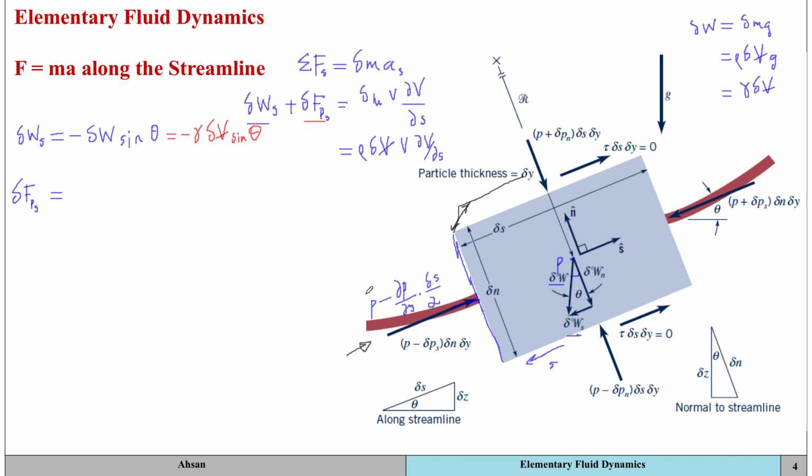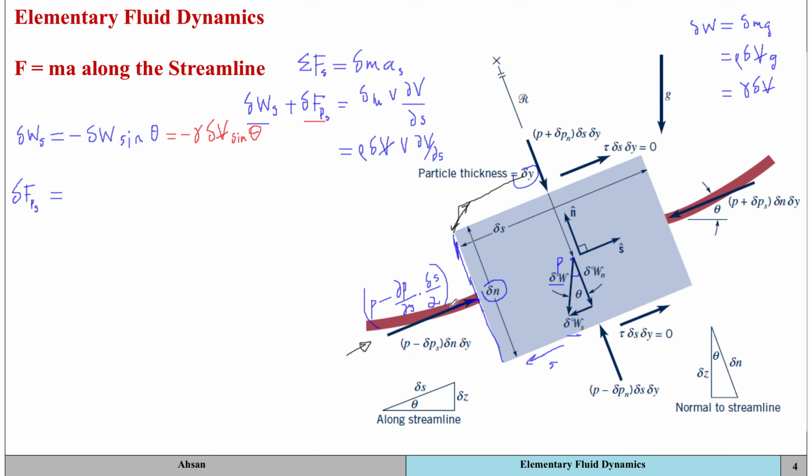And this is the pressure. To convert it into force, we need to multiply it by area, and the area is the area of this entire face on which the force is acting, which would be this vertical dimension, delta n, multiplied by the depth, delta y.